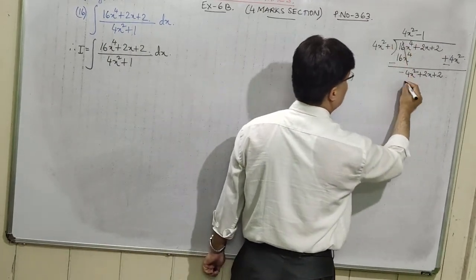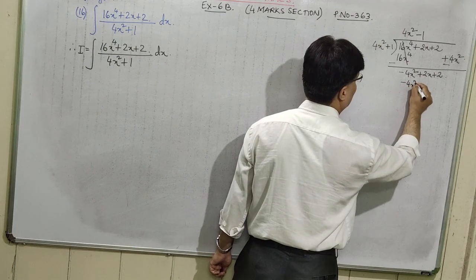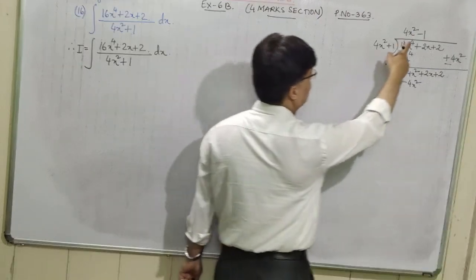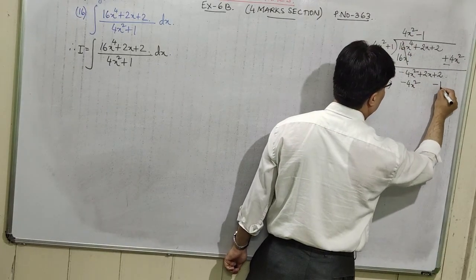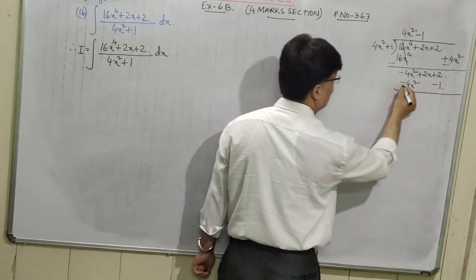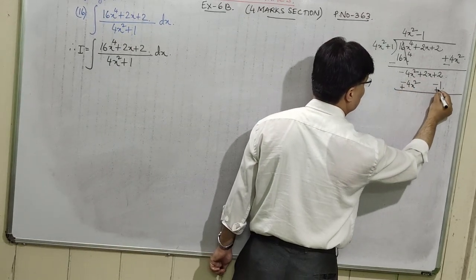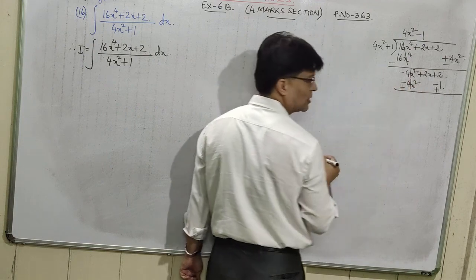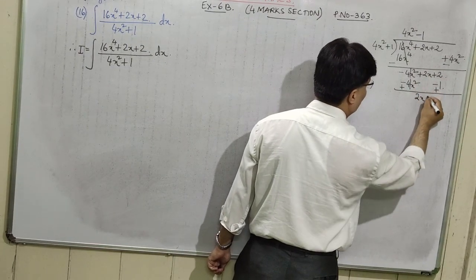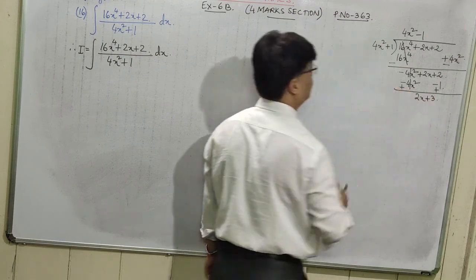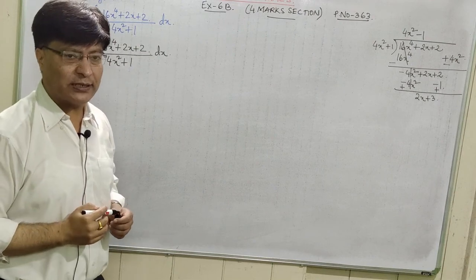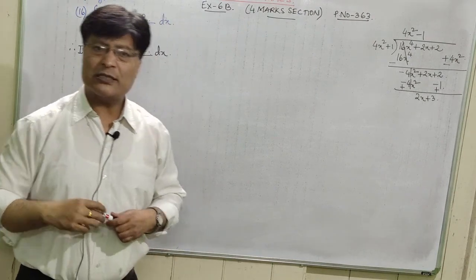So it is minus 4x square, that is 4x square into minus 1 is minus 4x square, and plus into minus is minus, so minus 1 is written below plus 2 so that we can simplify it. So now this is plus, this is also plus, so here you can cancel this 4x square. So what do we get? It is 2x plus 2 plus 1, that is plus 3.